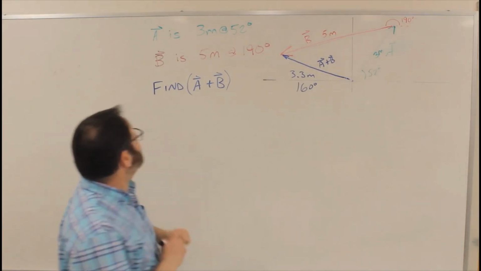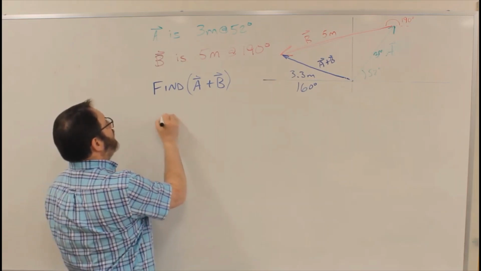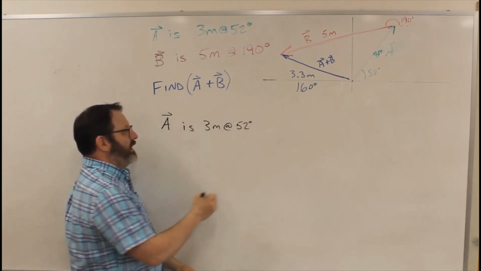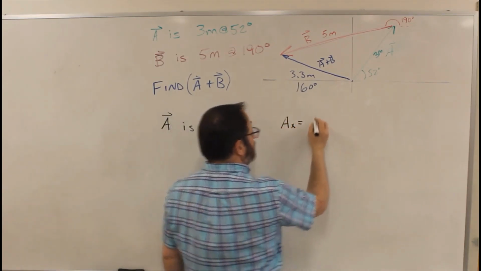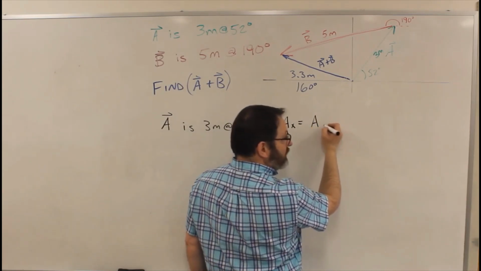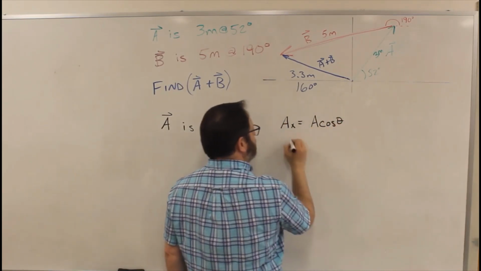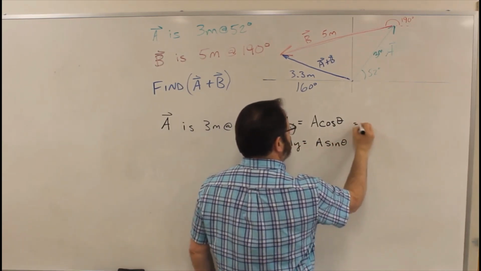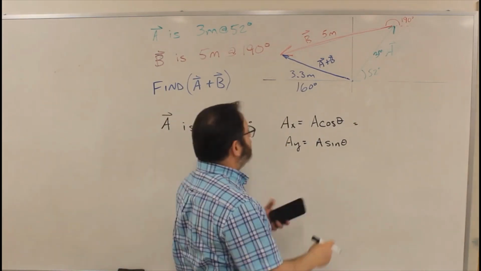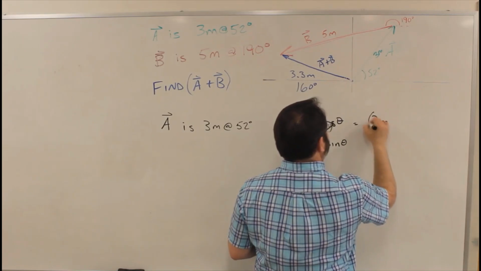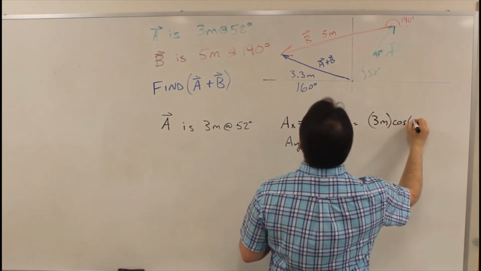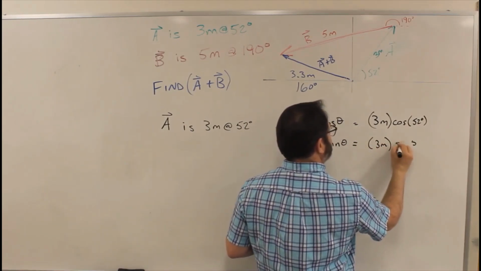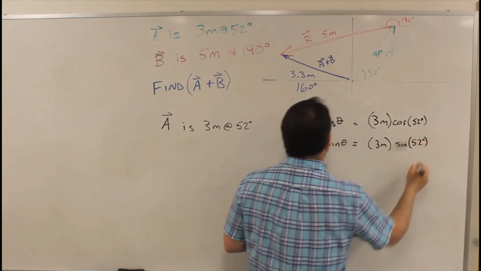So to get the right answer, what you have to do is say, okay, A is 3 meters at 52 degrees. So AX is A times cosine of theta. AY is A times sine of theta. So this is 3 meters times cosine of 52 degrees, and this is 3 meters times sine 52 degrees.